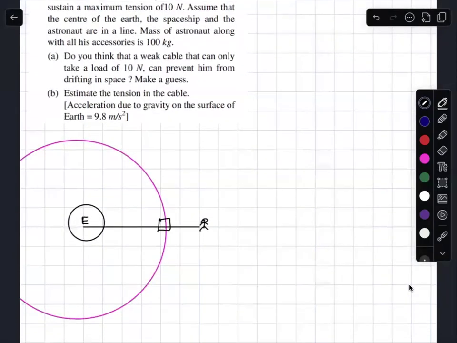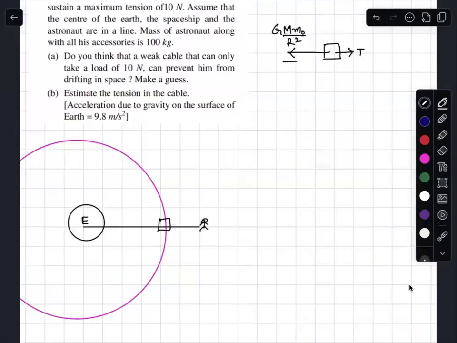Now, here, take the free body diagram of the spaceship. This will experience gravitational force G capital M naught by R square, and it will experience a tension force.